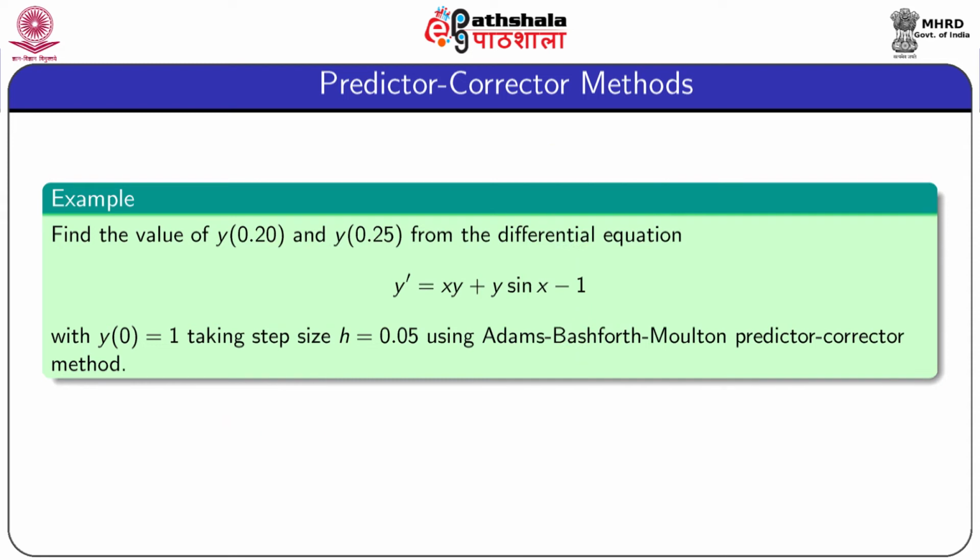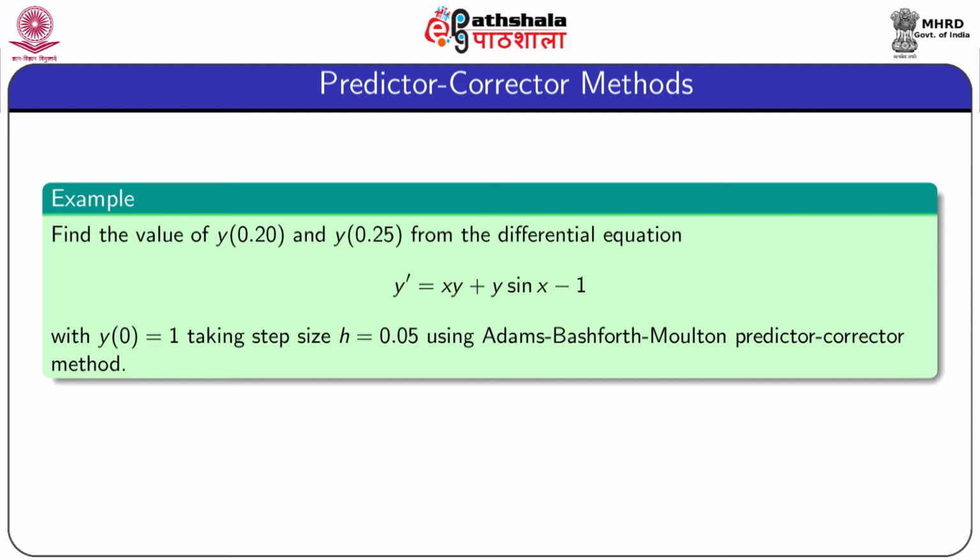Now, let us consider one example to illustrate the Adams-Bashforth-Moulton predictor-corrector method. In this problem, the differential equation is dy/dx equals xy plus 1 by y into sin x minus 1. The initial condition is x equal to 0 and y equal to 1.